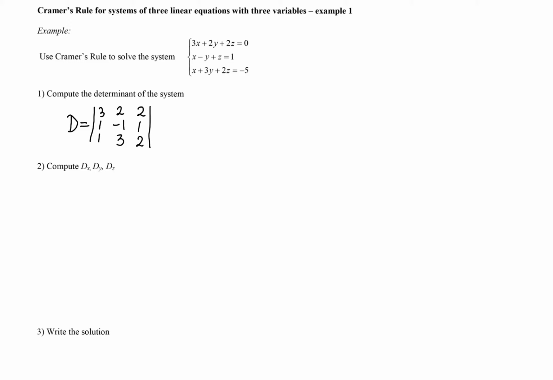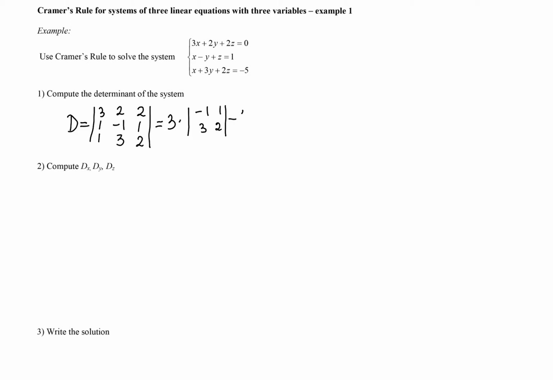We'll compute this determinant by expanding using the first row. According to the definition, it is the first term in the first row, 3, times the determinant obtained by crossing out the row and the column that 3 is in, and therefore we'll have the first row -1, 1, and the second row 3 and 2.